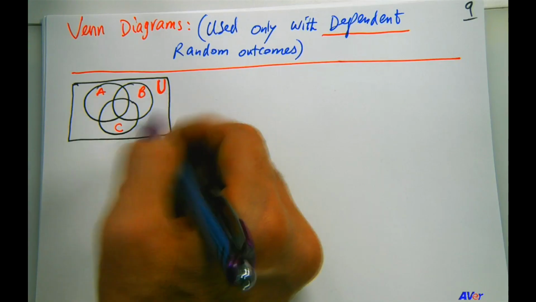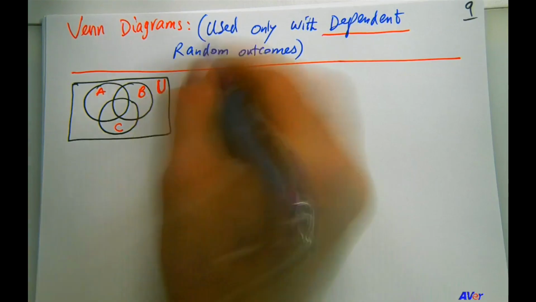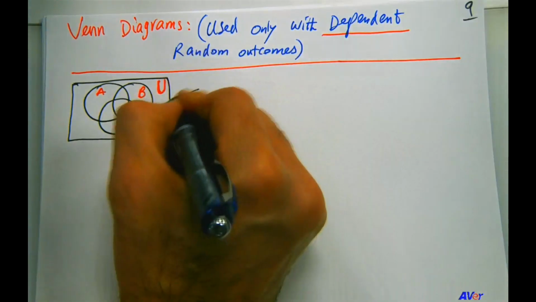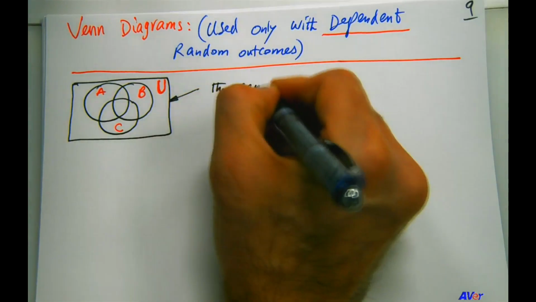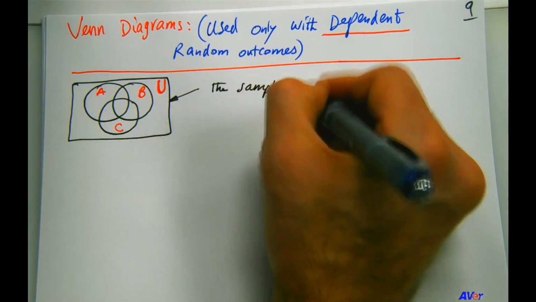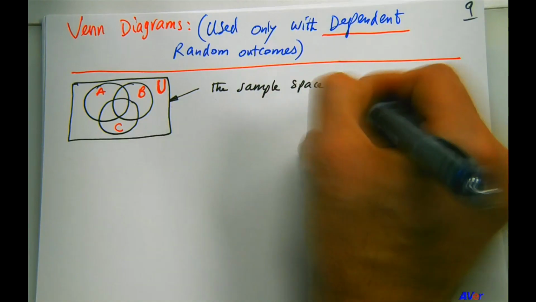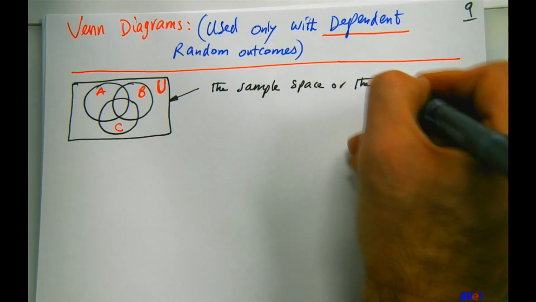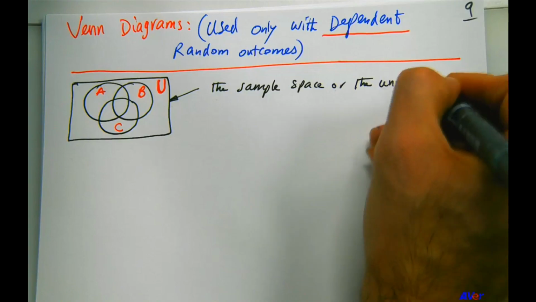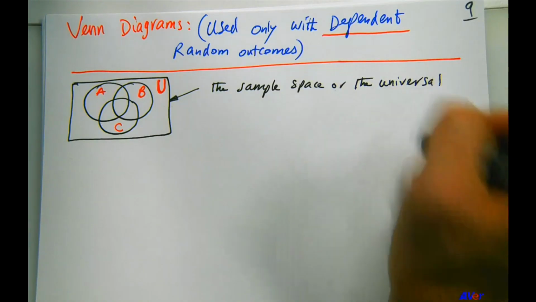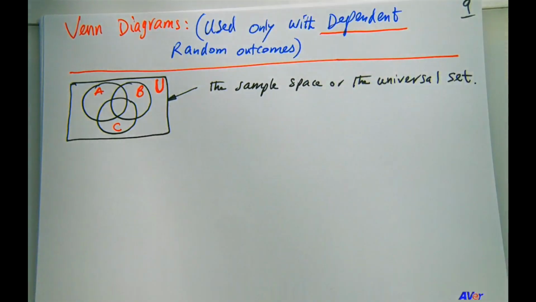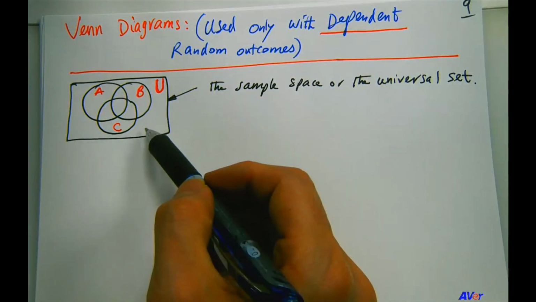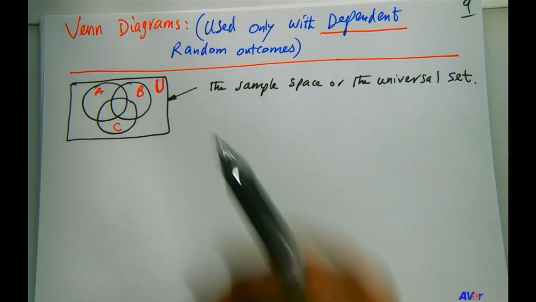Okay, so this piece is the sample space. So the box represents the sample space or the universal set. Okay. Then there are various derivations of a Venn diagram we can talk about.